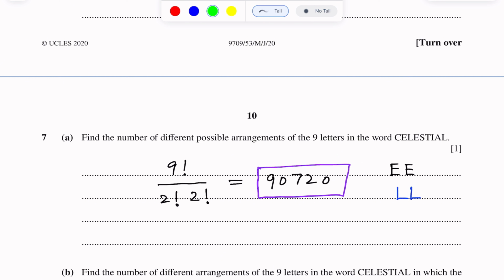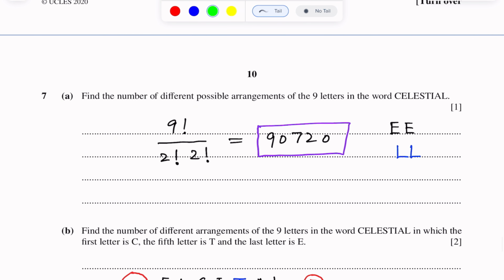90720 is the total outcomes, because in this part there is no restriction. Total arrangements without restrictions are 90720.